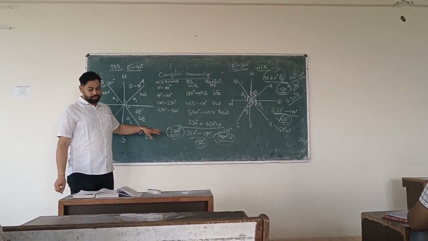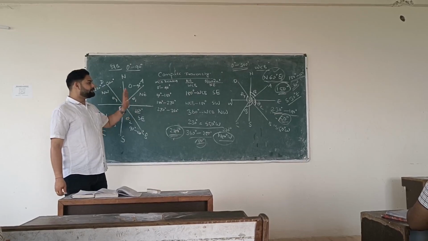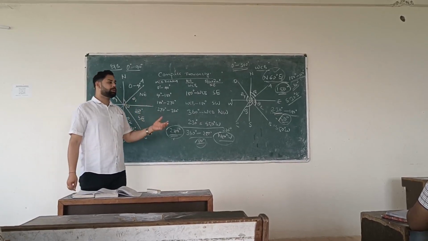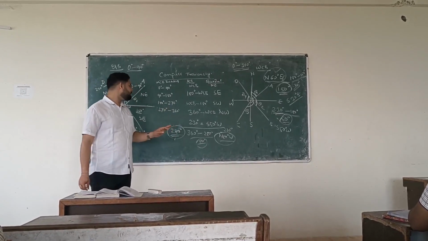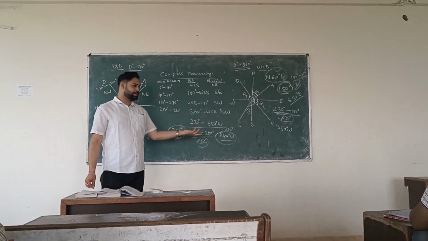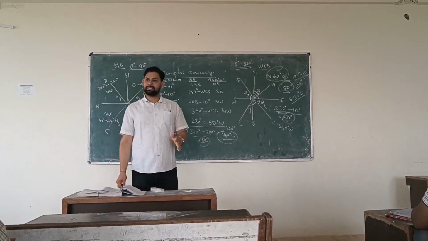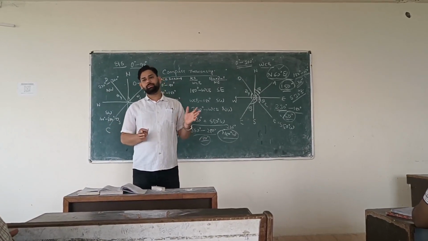Okay, clear? Any doubt? And in general, when we go for WCB and QB, you have seen that in WCB system, no quadrants are there. Only 250, 60, 30, 40 degree, like that it will be written.